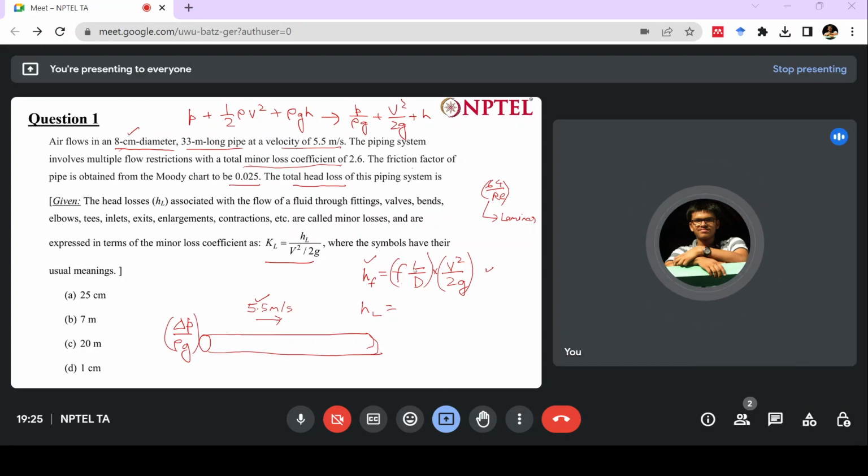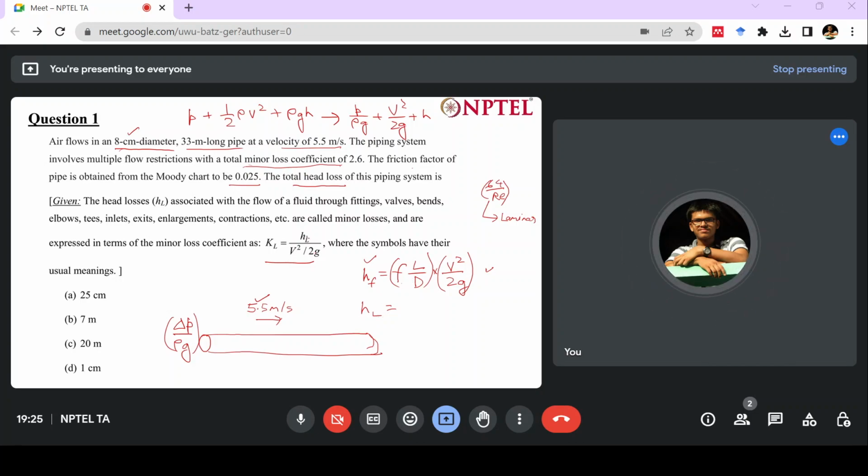So simply there is a linear dependency here. Similarly, there is an inverse relationship with the diameter. If the diameter is less, the frictional losses will be more. If the diameter is more, the head loss will be less. So we have this factor here, which is your frictional loss coefficient, and we are getting that from our friction factor, length, and diameter.